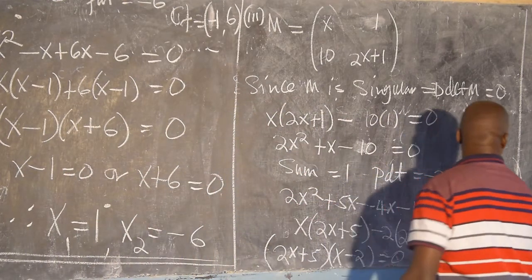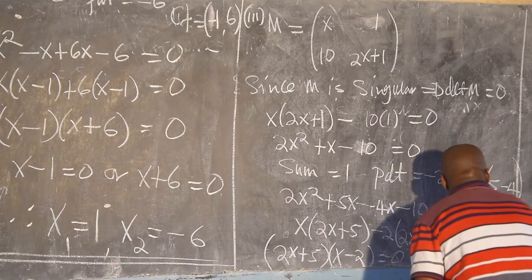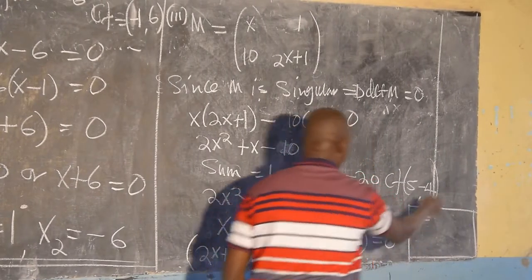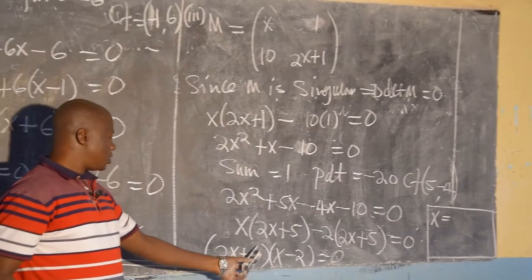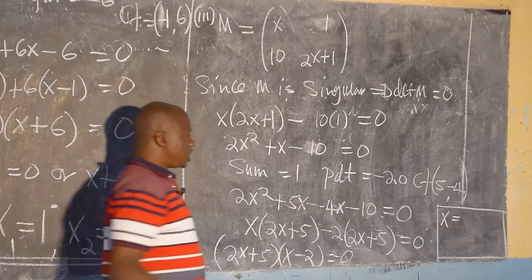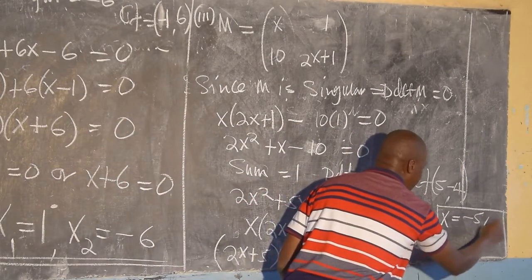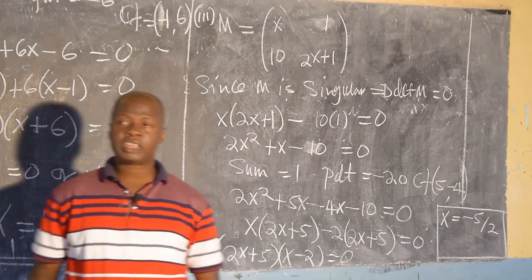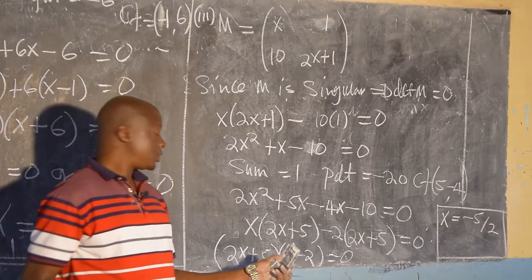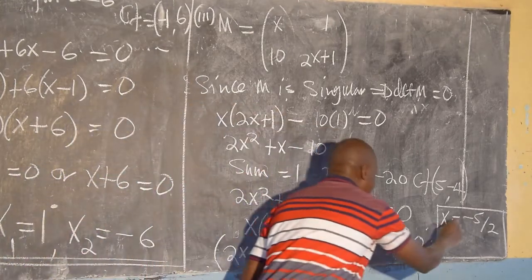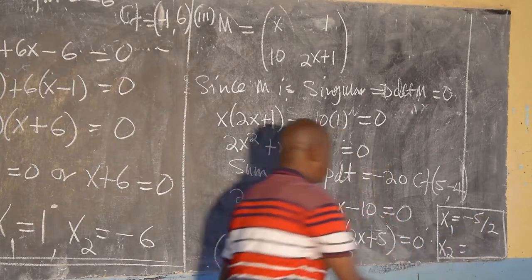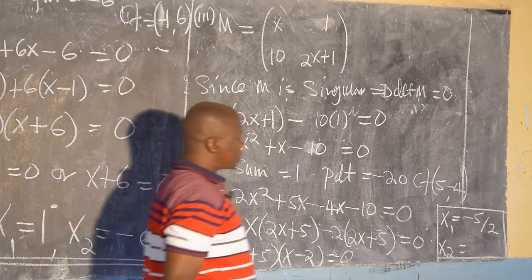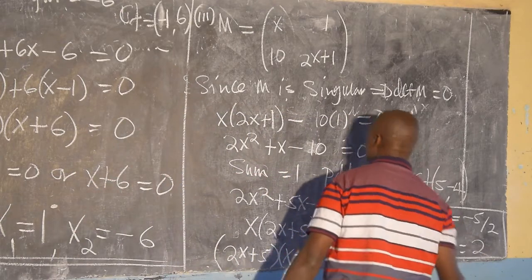When you equate this one to 0, x is negative 5/2. You may reduce it, or you may leave it in that form, or you may give your answer in decimal. That is the first x value. The second x value, that is x minus 2 equal to 0, and our x value is 2.